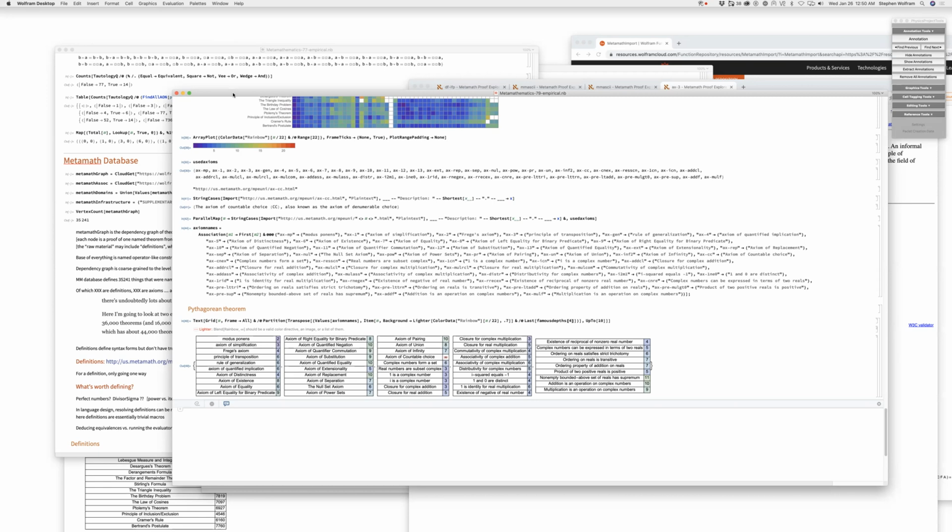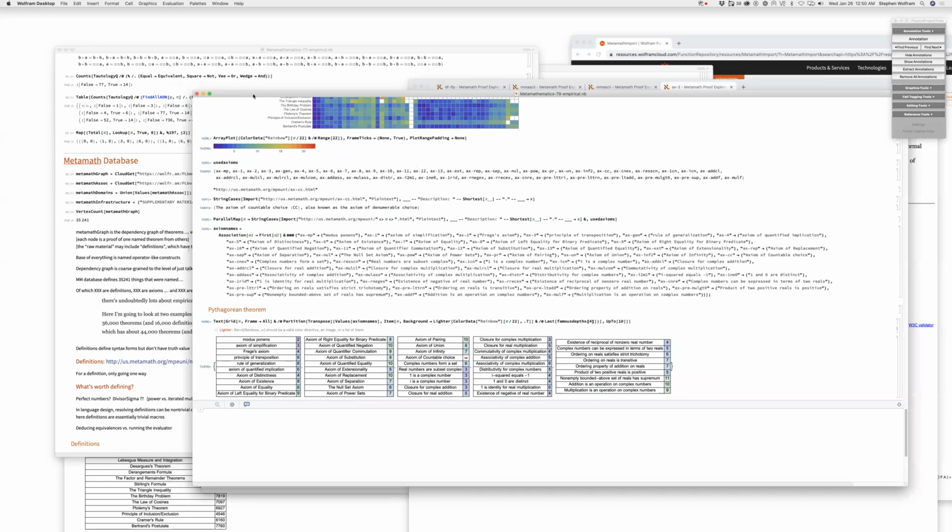Let's look at that for a second. There are two Pythagorean theorems in Metamath as well, right? There's Pythag, but then there's its twin. There's a second one, right? I wonder if they differ. I'm sure they do.